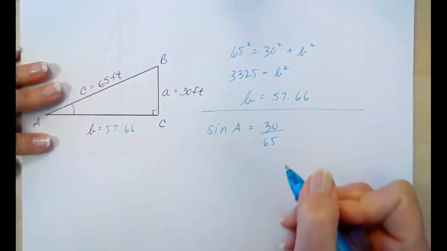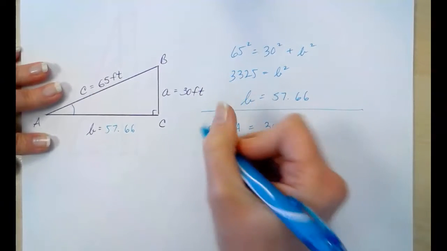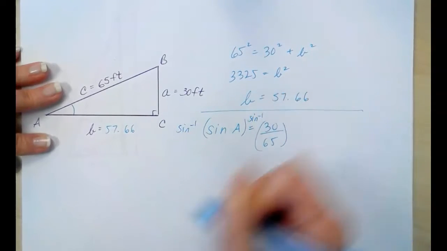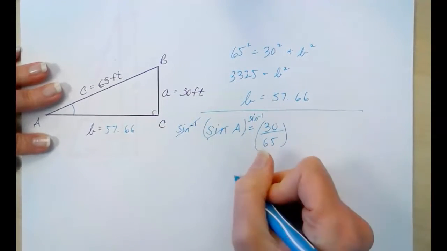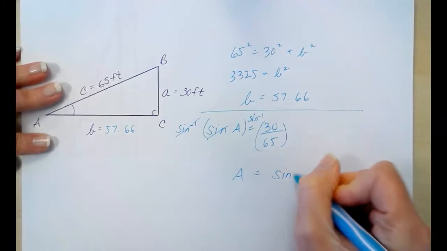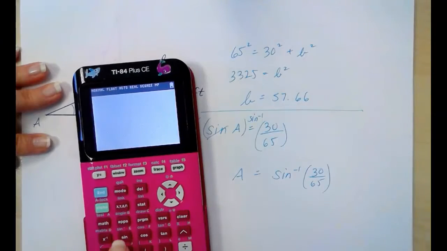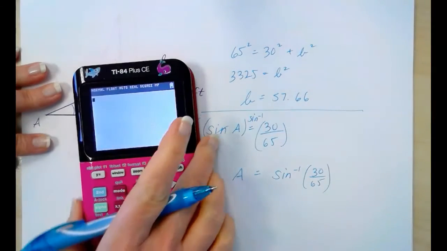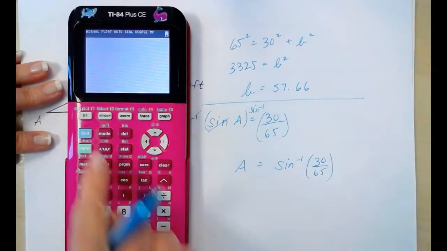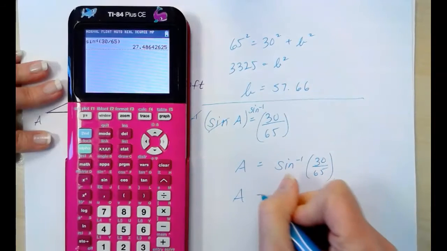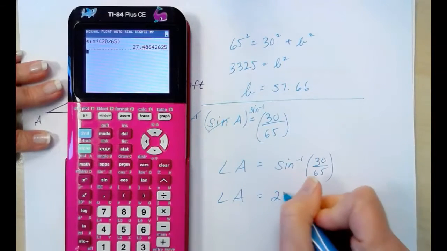To undo the sine function, we're going to take the sine inverse of both sides. So angle A equals sine inverse of 30 over 65. The inverse function is just the second function of your sine key on your calculator. So inverse sine of 30 over 65.